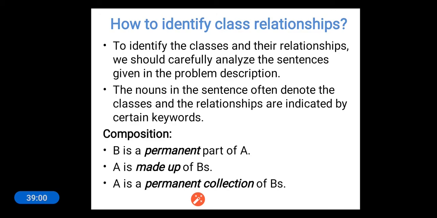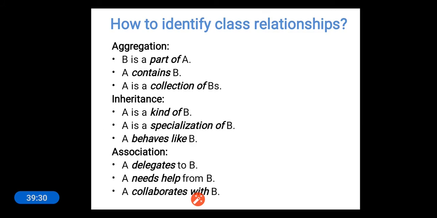So whenever you find keywords like permanent, made up, permanent collection, you can identify that there is a composition relationship between these two classes. Here we identified the nouns A and B, which are nothing but the classes, and the keywords used for describing the relationship between these two classes are relevant to composition.